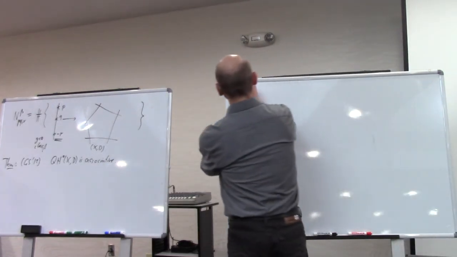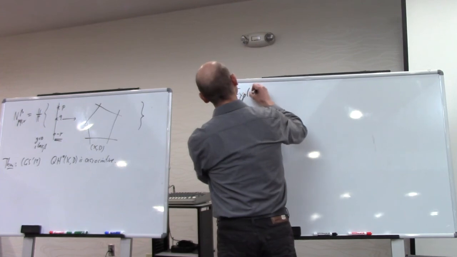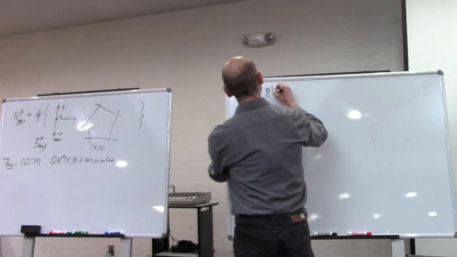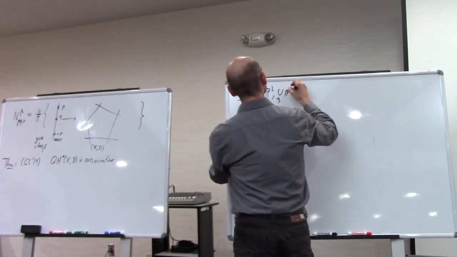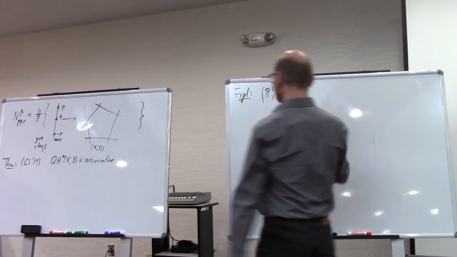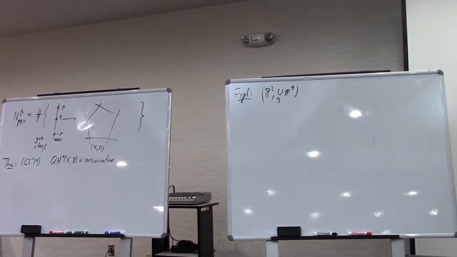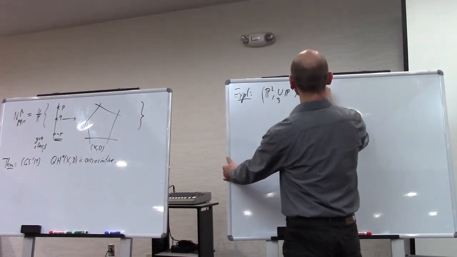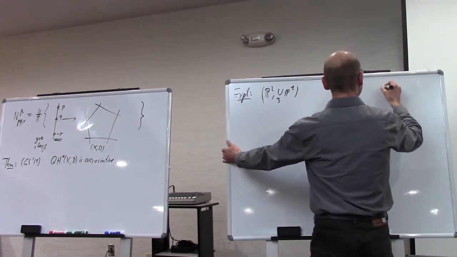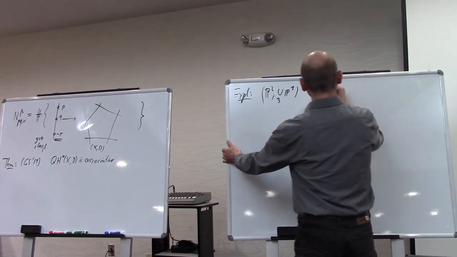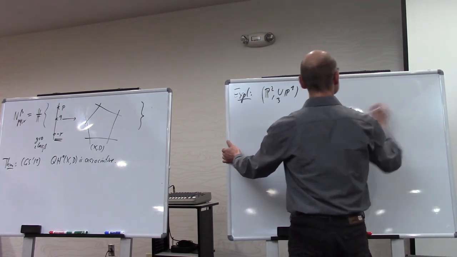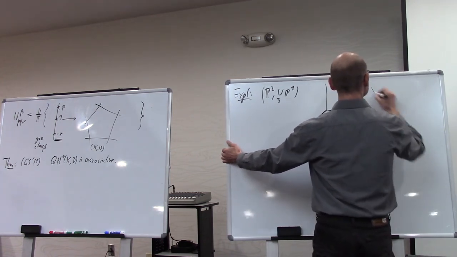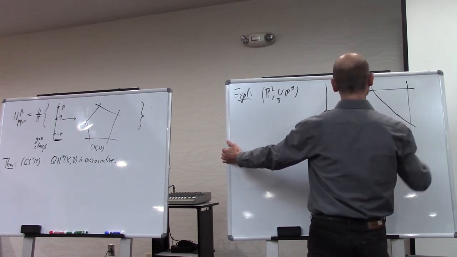Okay, so let me look at an example. So what is the mirror of P2 with a union of 3 copies of P1? Well, you get different mirrors depending on what kind of D you take. Okay, so I have to be precise and say I'm doing this. So let me draw that diagram again. So this is your P2.